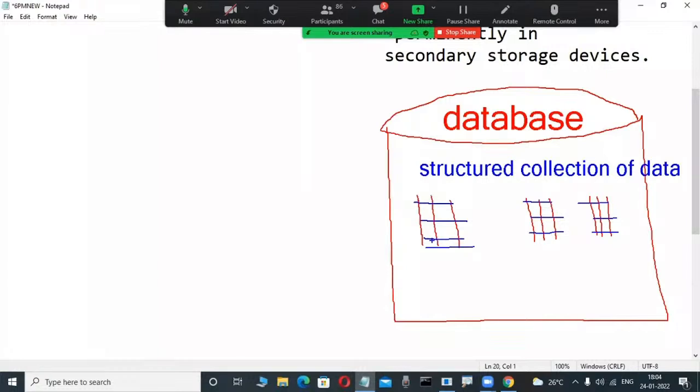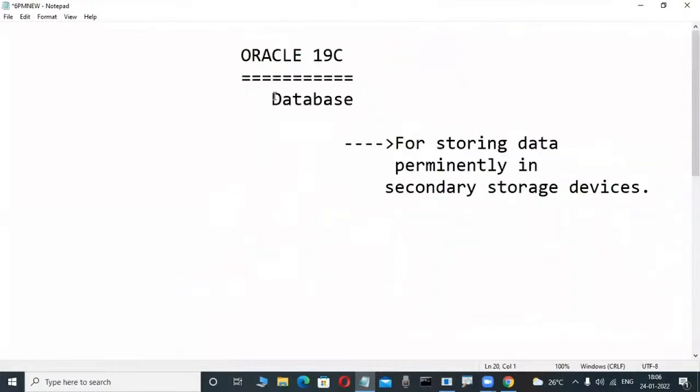Once a structured collection of data is there, for handling and operating this data, which language do we use? Very good. SQL, structured query language.